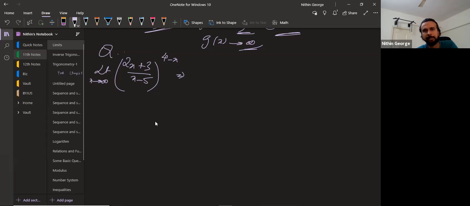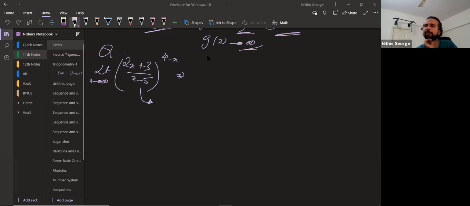What is the thing inside the bracket tending to? Exactly.